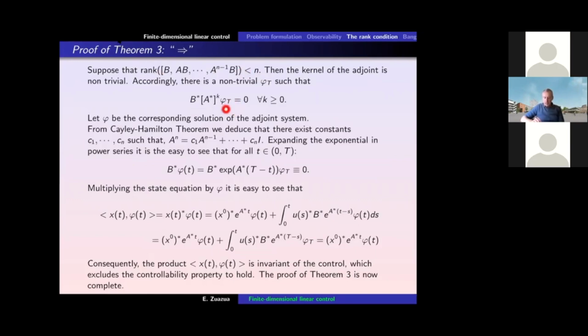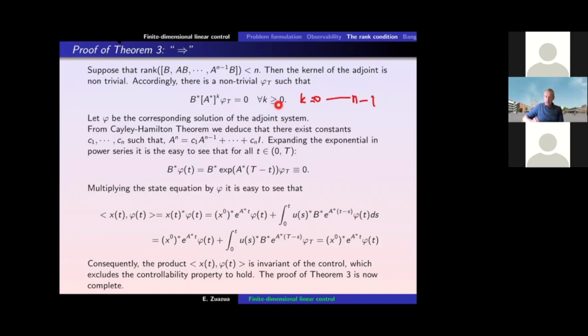So there is an element phi T which is in the kernel of all these matrices. In principle, out of here, you only get it for k from 0 up to n minus 1. But the claim is that if phi T is in the kernel of these operators, B star A star to the power k, for k from 0 to n minus 1, then it's also in the kernel for all other powers of k.